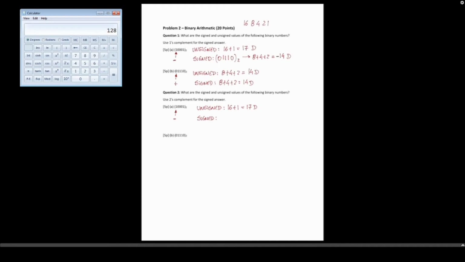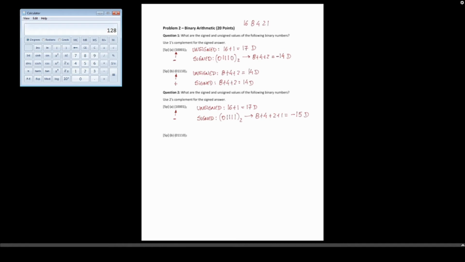So let's apply the complement. There are a couple of ways of doing this. You either apply the first complement and add 1, or we can go from the right to the left, find the first one, and then flip the bits. So you get something like this. And if I convert these, I have 8 plus 4 plus 2 plus 1, which is equal to 15, but I'm actually representing the number minus 15 because my most significant bit, again, is 1.